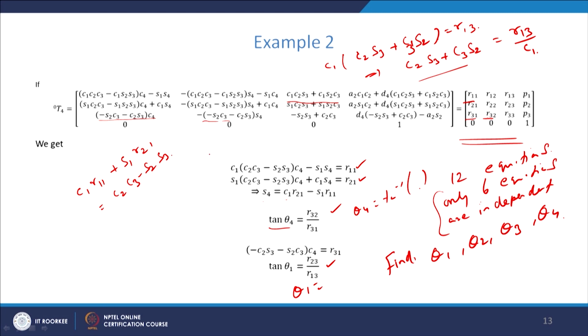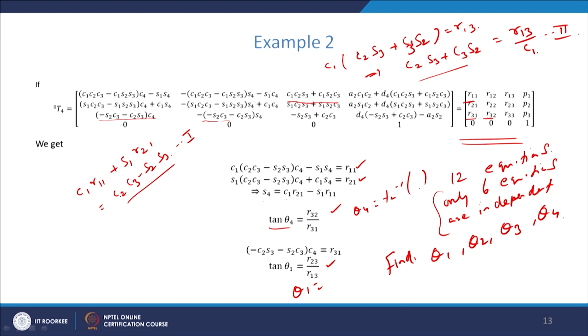Now, from the equations for R11 and R21, we get C1 R11 plus S1 R21 given by C2 C3 minus S2 S3. We call this equation 1 and the other equation 2.